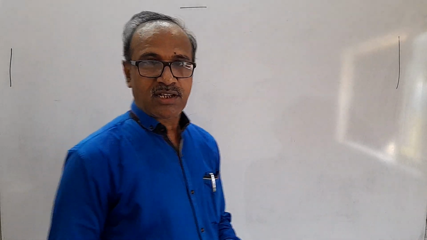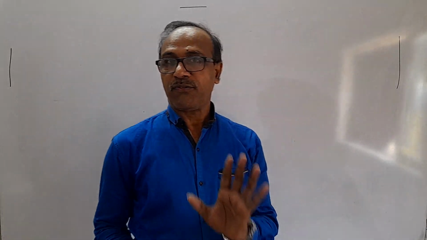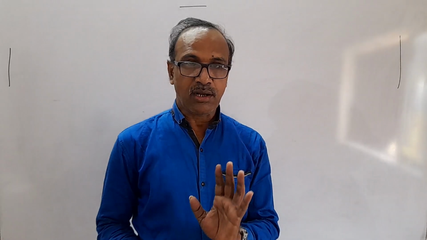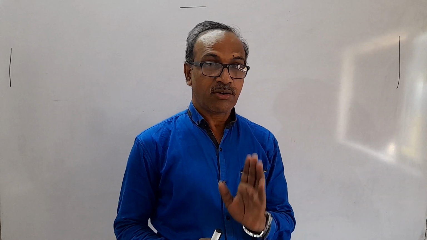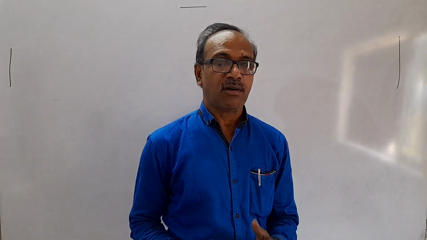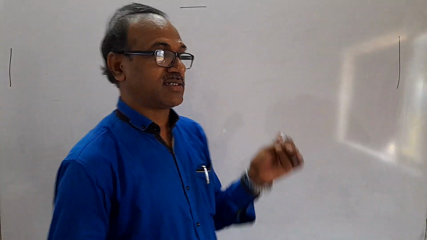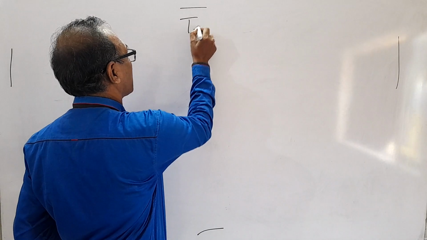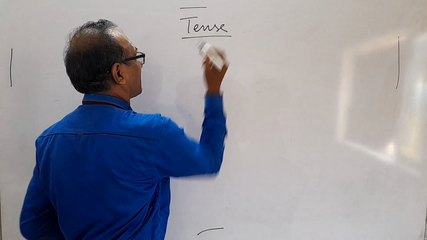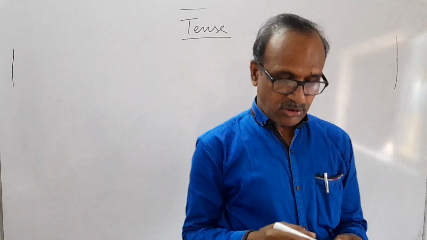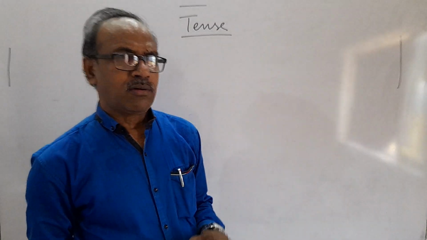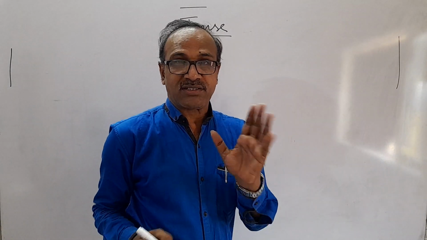In our earlier classes, as we have discussed some parts of verb regarding modal and primary auxiliaries, today we will discuss something related to verb, that is tense. Okay, so first of all, we must understand tense.